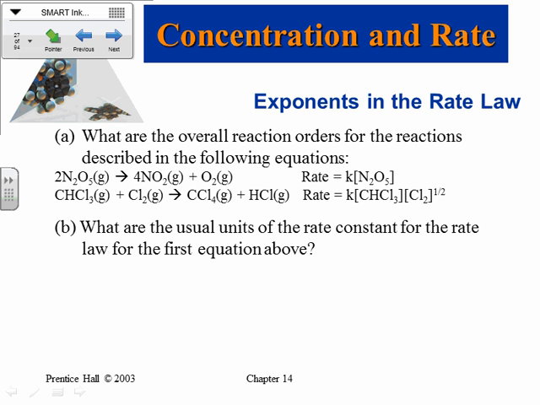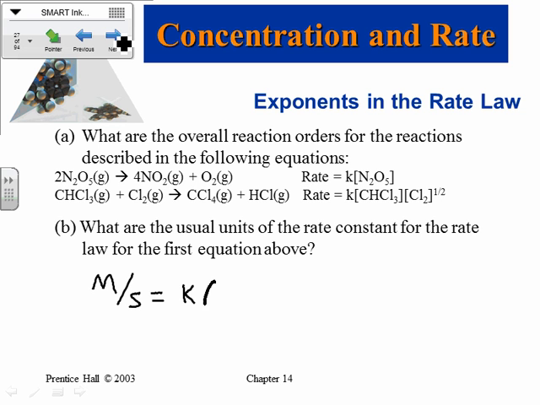The usual units of the rate constant for the rate law of the first equation. Okay, so let's think about this for a second. What units did we say we typically measure rate in? Molarity over seconds, right? So molarity per second is equal to K times M. Okay, that's what we're trying to figure out here. And then what do we usually measure concentration in?